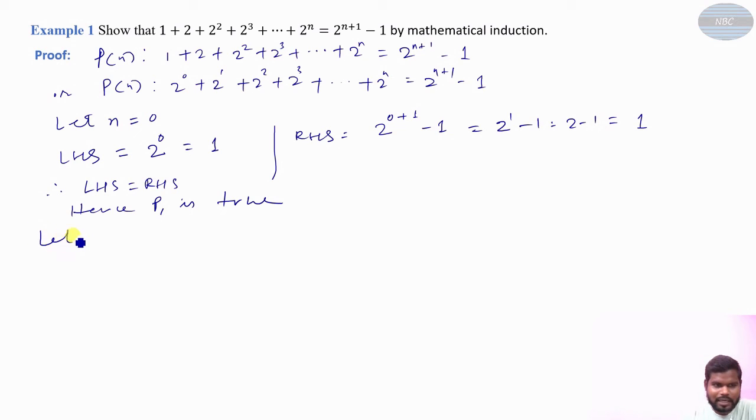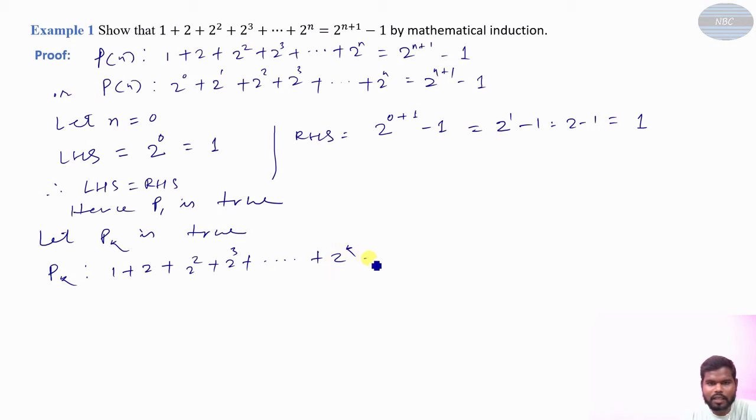So now let Pk be true. If Pk is true, then we can have 1 plus 2 plus 2 square plus 2 cube and so on up to 2 to the power k is equal to 2 to the power k plus 1 minus 1.